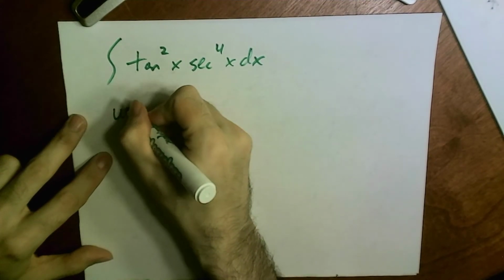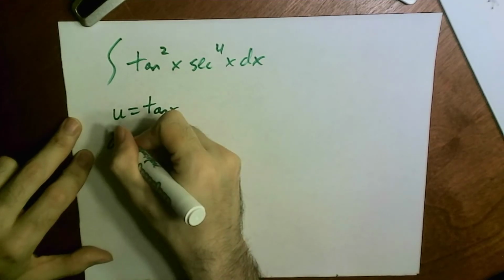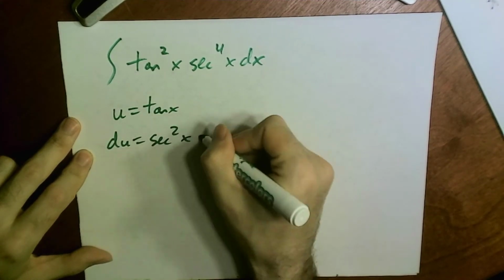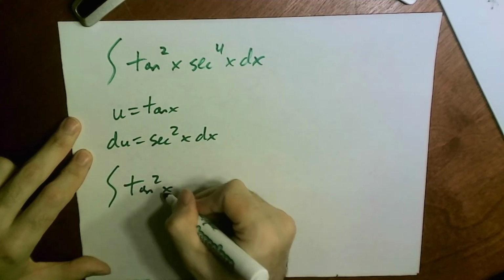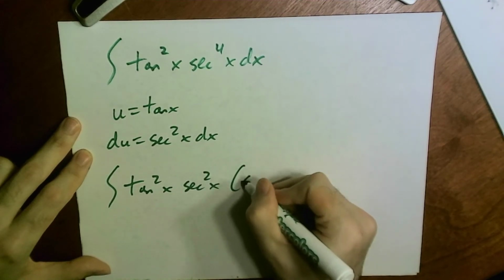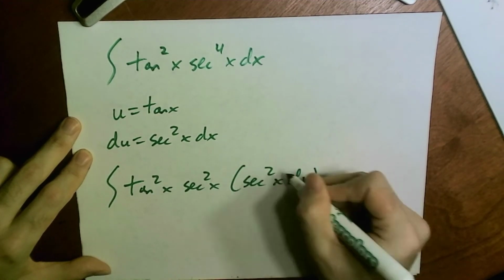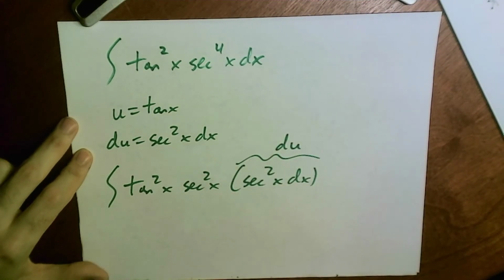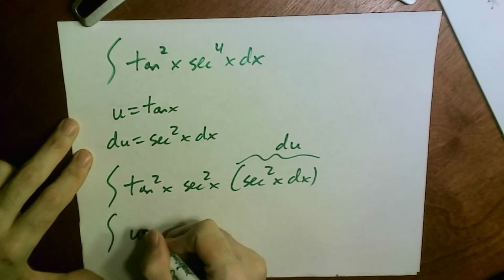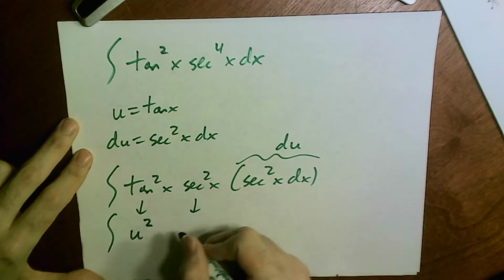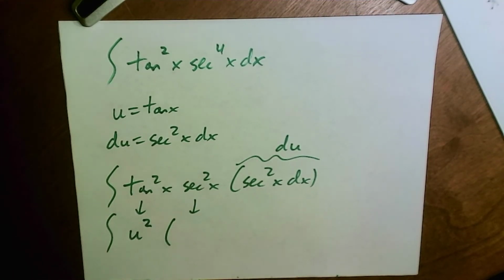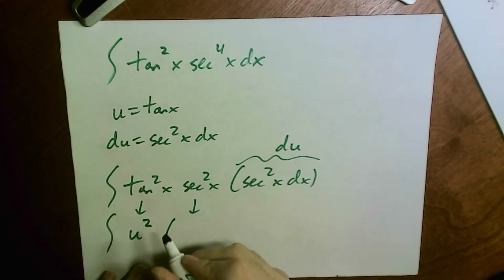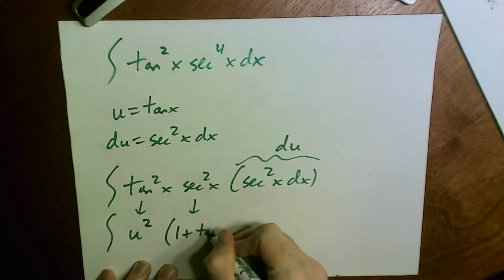Well, if u is tangent of x, du is secant squared of x dx, and I want 2 of these secants. I'm left with a tangent squared and a secant squared, and I want 2 of the secants in with my dx. So I get a du. My tangent squared becomes u squared, and my secant squared becomes, and here's where I always mess up and I gotta stop and think about it, 1 plus tangent squared.